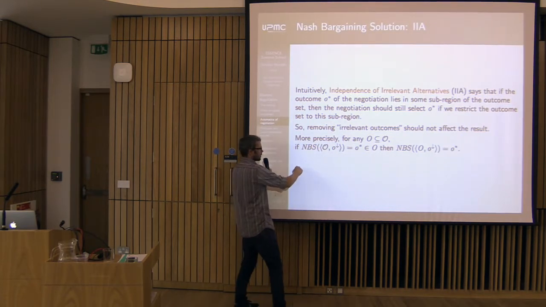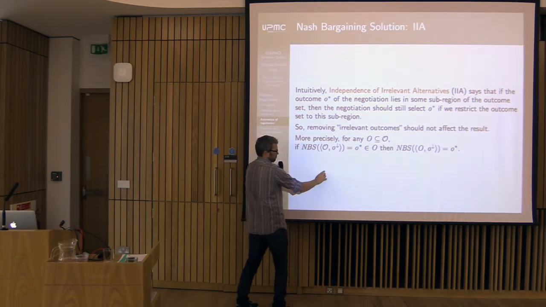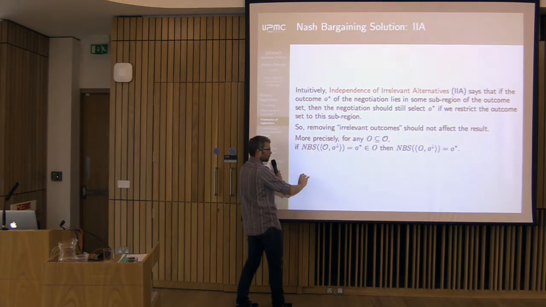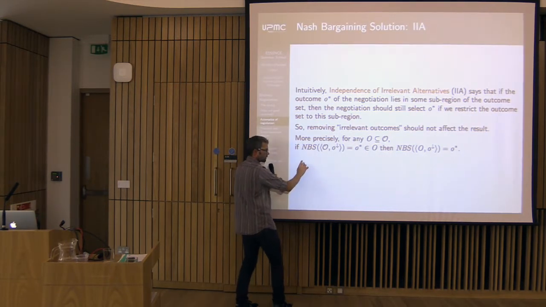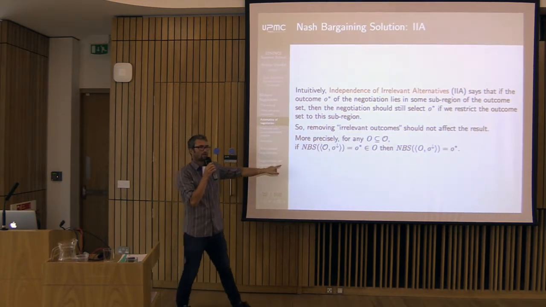So suppose you have an outcome set like that. Your solution chosen by Nash is here, so it's in a given subregion. This axiom says that I could take the same negotiation setting, but just within this subregion, and I would still get this outcome.